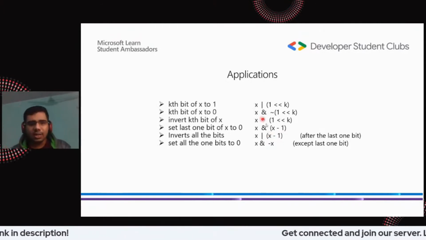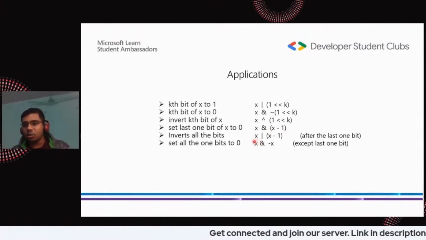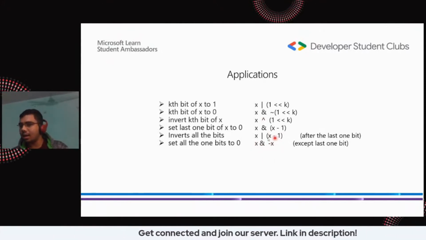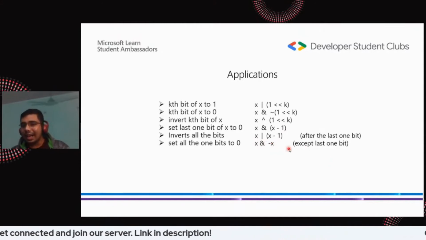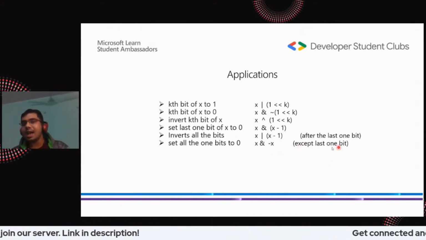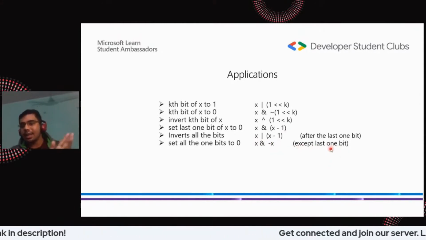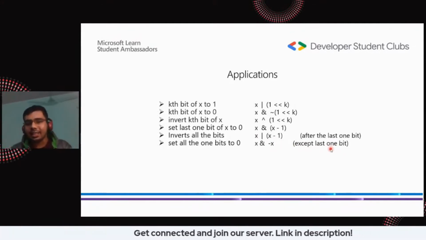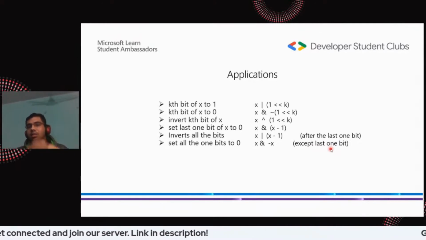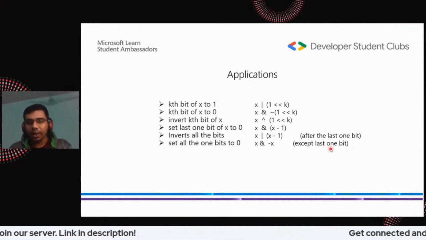So for that, it's pretty simple. You just do an x AND of minus x. So remember, for this, the last one bit is actually excluded, else all the bits with 1 bit get set to 0. Okay.